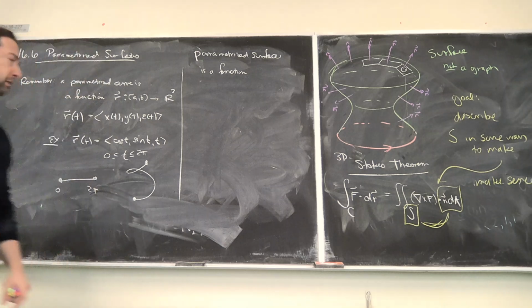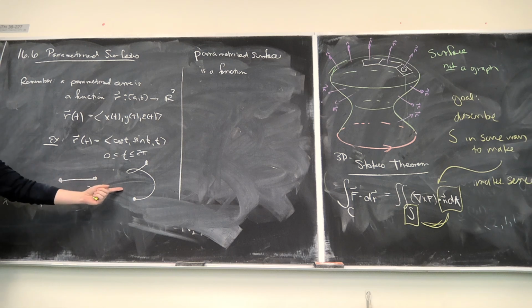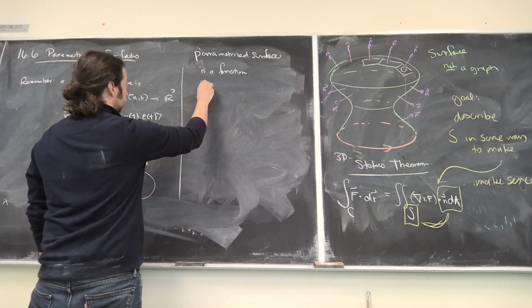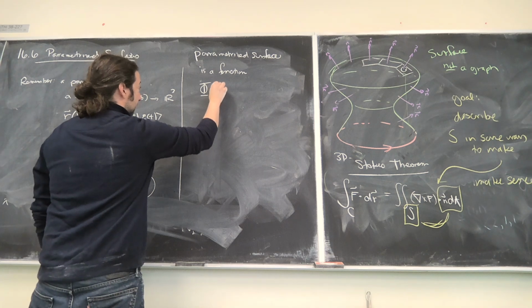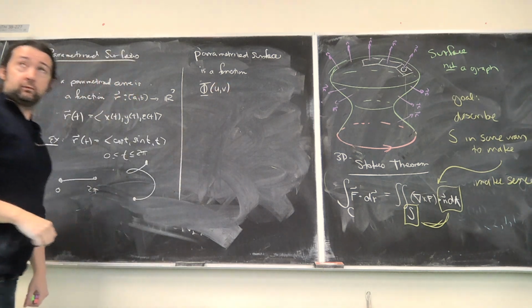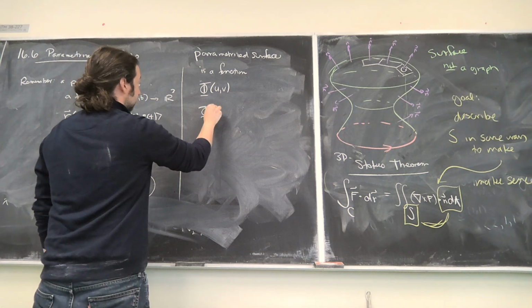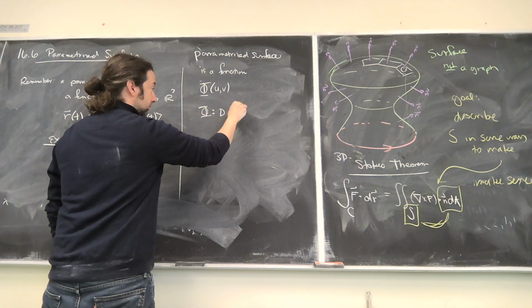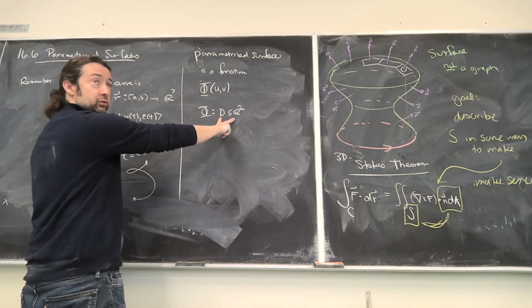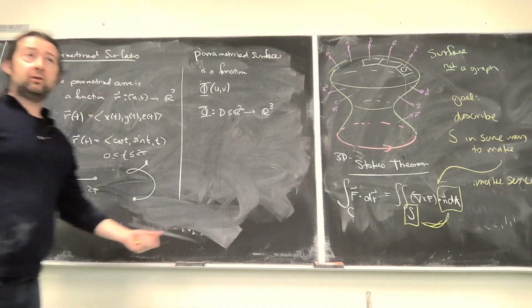The book uses the letter r for this as well, so I'm not going to use that because I'm trying to distinguish between curves and surfaces. A typical letter used here is capital Phi, and it's a function of two variables, u and v. So two parameters. Phi eats a region D in R2, which just means a two-dimensional region, and it spits out something in R3.